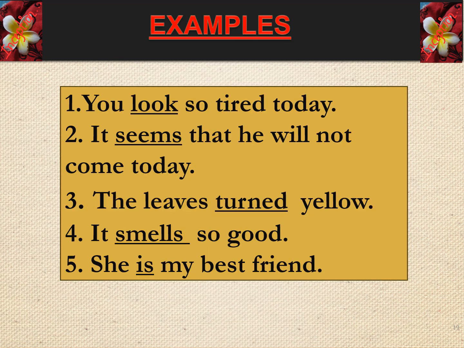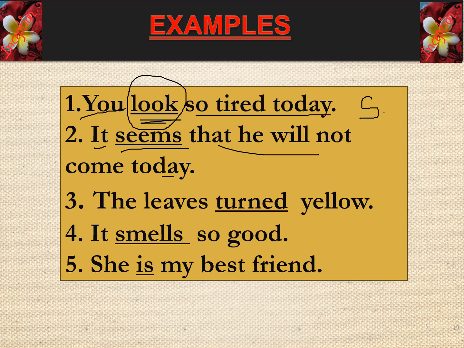You look so tired today. Look is the main verb of this sentence, and look is a linking verb. Why? Because you is the subject and so tired today is the sentence complement or the other information here, right? It seems that he will not come today. Here seems is the word that is joining the subject and the sentence complement.